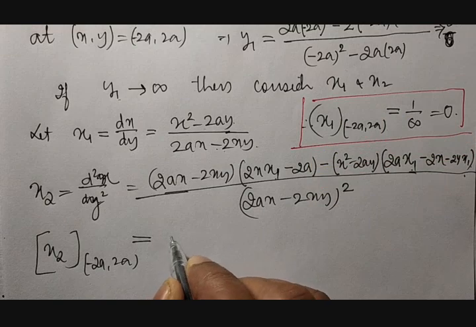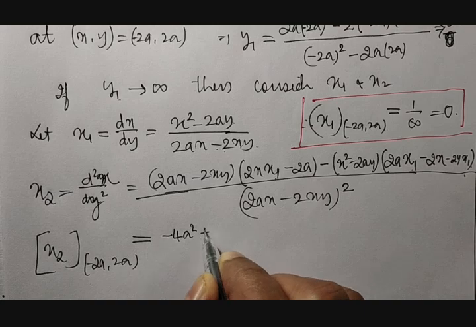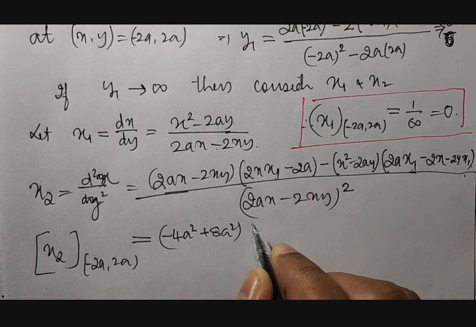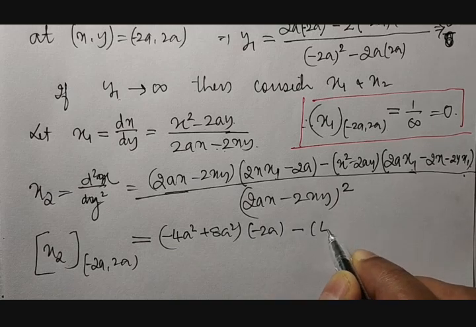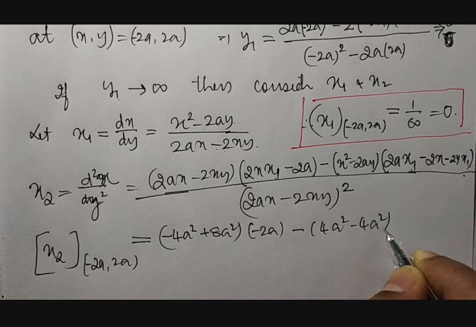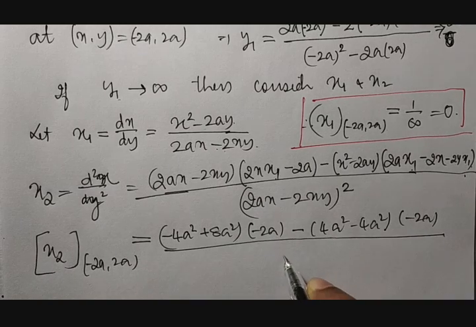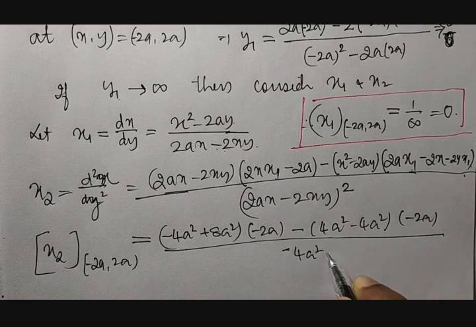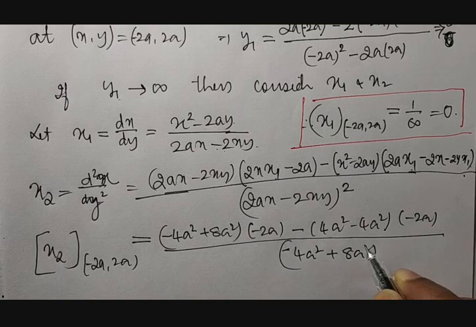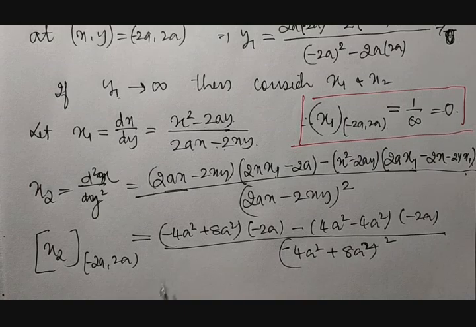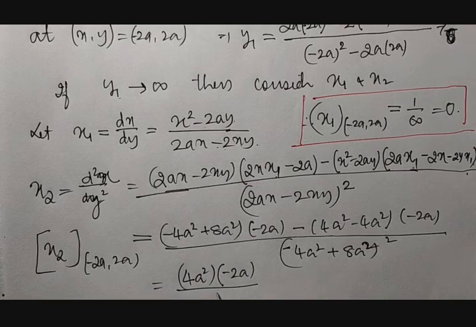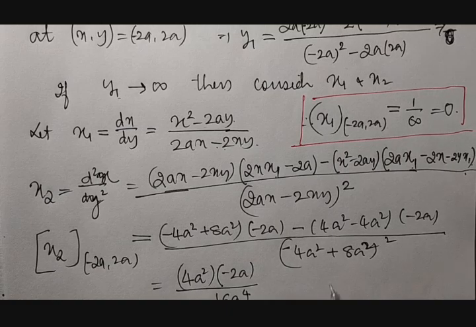After substituting, it becomes minus 4a square plus 8a square into minus 2a minus 4a square minus 4a square into minus 2a divided by minus 4a square plus 8a square the square, fine, which is equal to 4a square into minus 2a divided by 16a raised to 4, which is equal to minus 8a cube divided by 16a raised to 4.